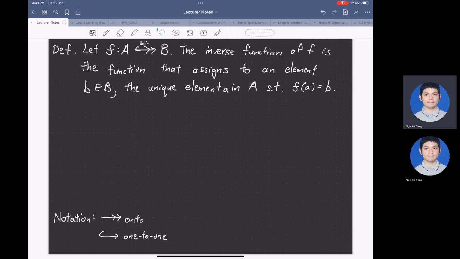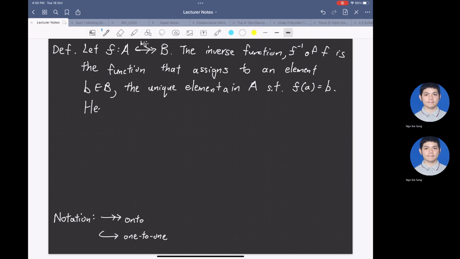So the inverse of the function we write as f inverse. Hence f inverse of b is equal to a.